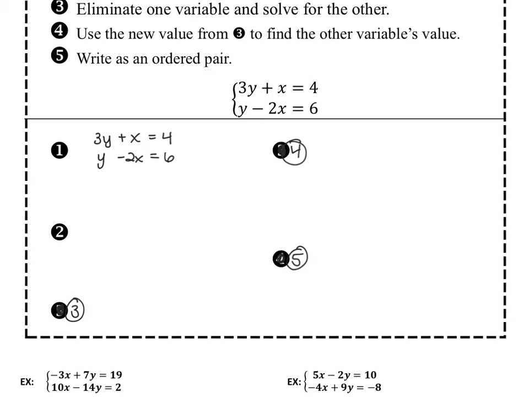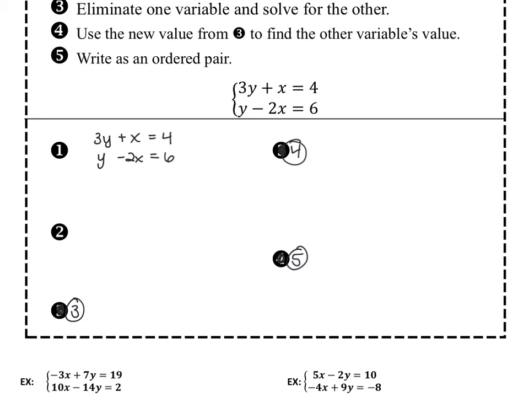And if I wanted to choose to eliminate x's, and it doesn't matter, I'm actually going to do both ways. I'll have you just try one with me and then we'll look at the other one. If I wanted to eliminate the x, this is a positive 1x, this is a negative 2x. So what I would do is multiply this by 2. So this is positive 2 while this is negative 2.